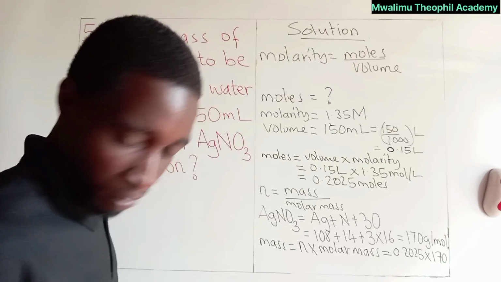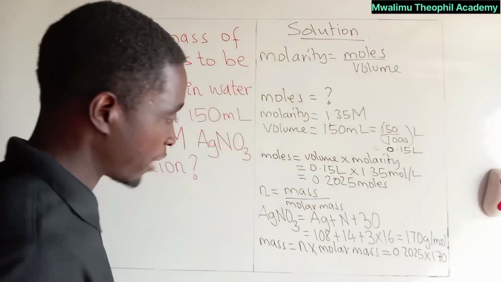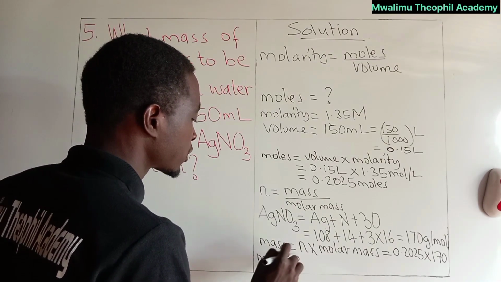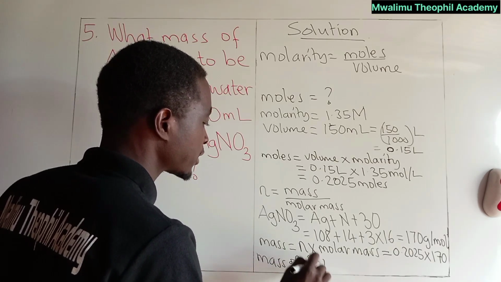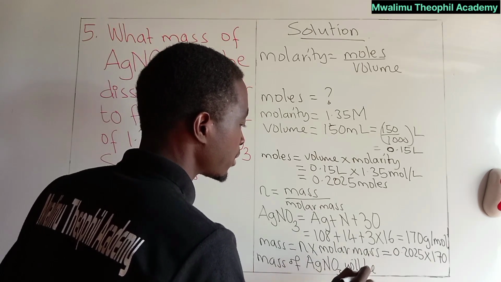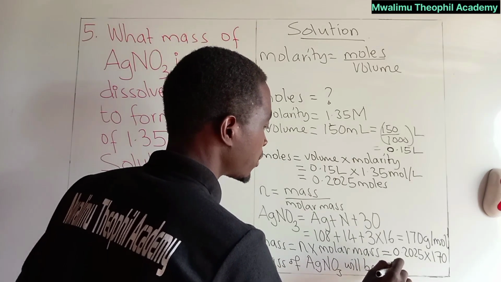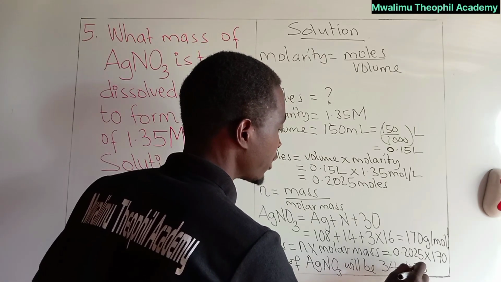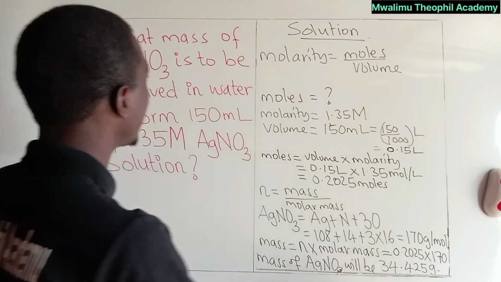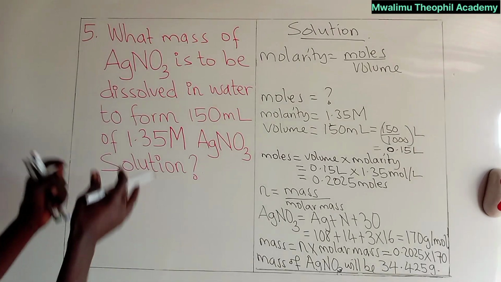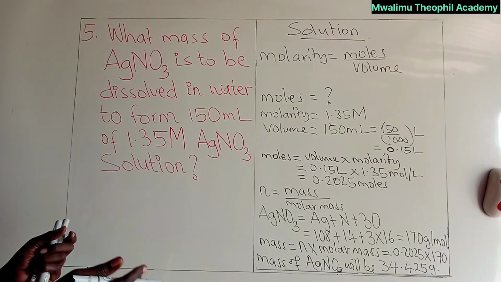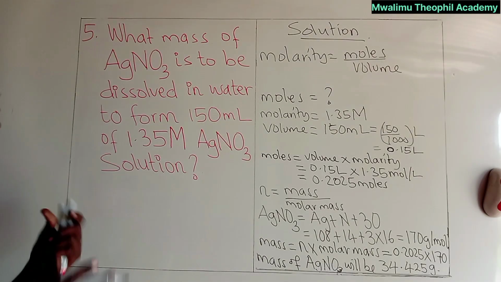We get 34.425. Now, the mass of silver nitrate will be 34.425 grams. So 34.425 grams will be the mass of silver nitrate to be dissolved that will form 150 milliliters of the solution having a molarity of 1.35.